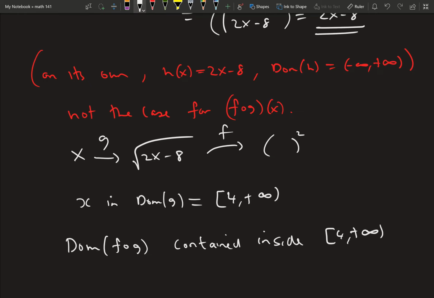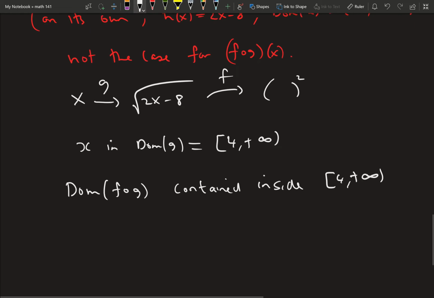We need whatever g of x is to go into f of x. But luckily, remember, the domain of f was all real numbers. So every number is in the domain of f, and we don't have to worry no matter what output g of x comes out with.